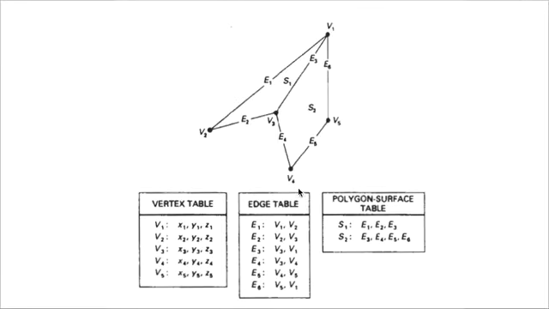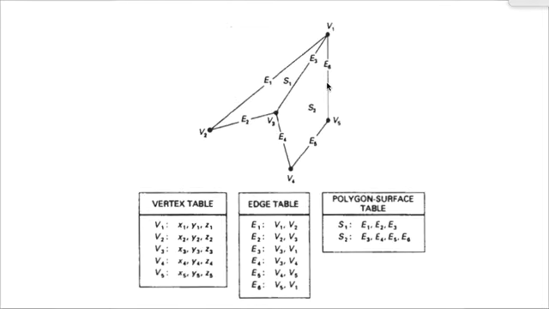Then there is an edge table. The edge table contains the information about the edges. If you take this polygon, you have the edges e1, e2, e3, e4, e5 and e6.